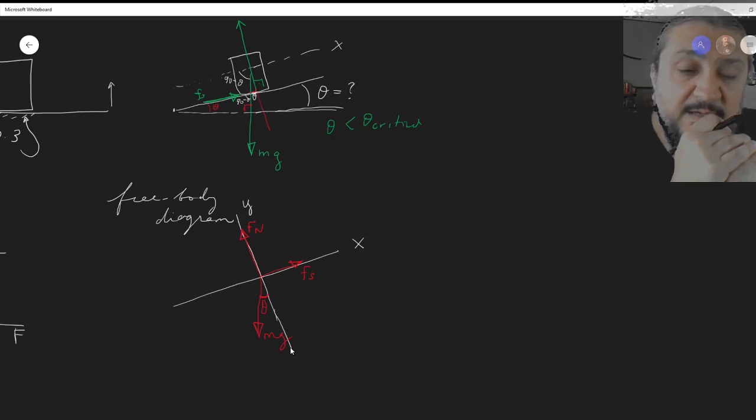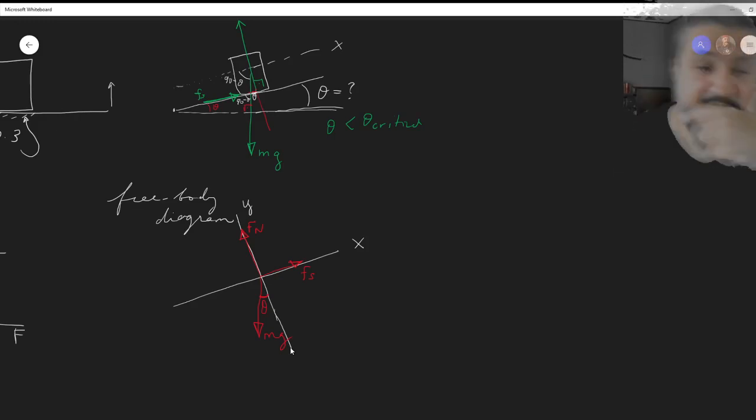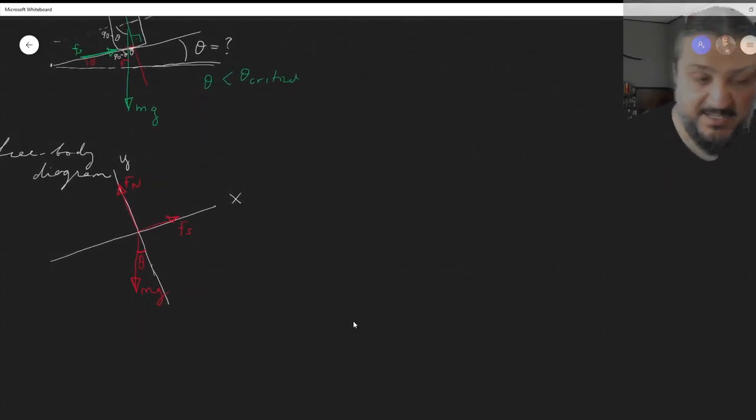How do we write down the equilibrium equations? Okay, let's do that in the x and y directions again. So along the x direction and along the y direction. Now Fs lies along the x, just write it there, Fs.